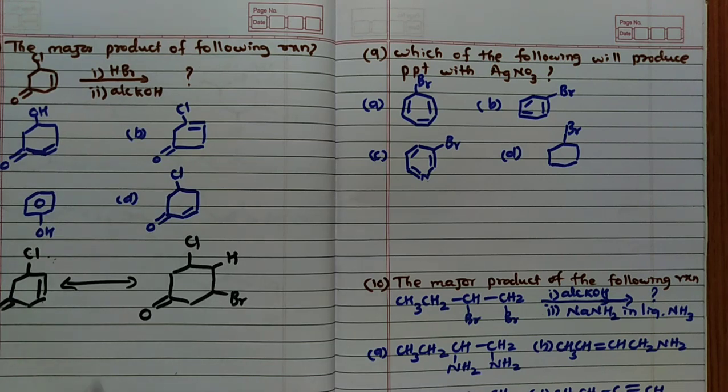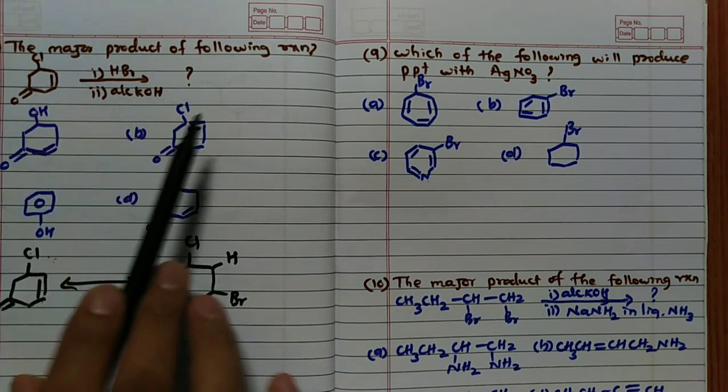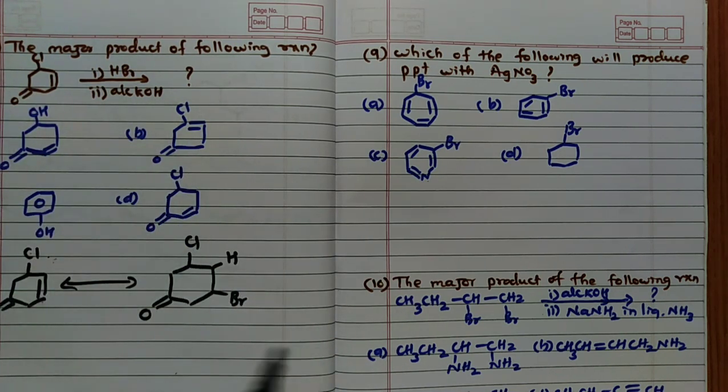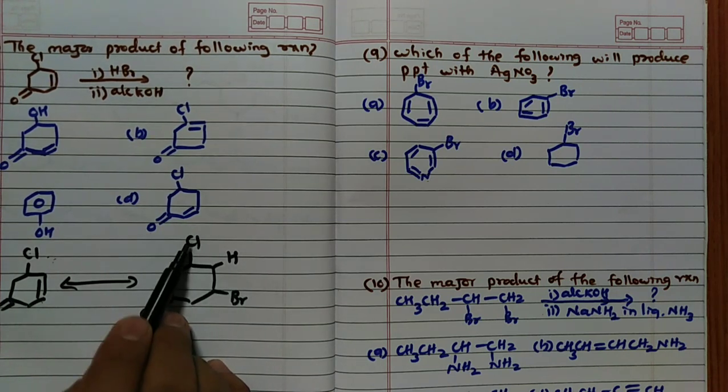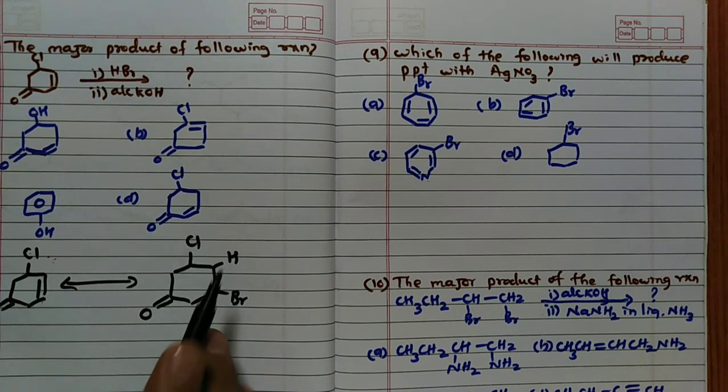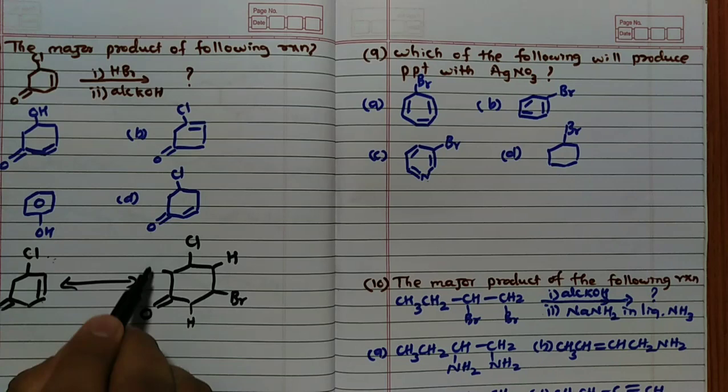In such a case, even if they have not given excess, you have to remove both halogens. Remember that very important point. Because here we are going to write the major product, this Br we remove, this Cl also we remove, this hydrogen also we will remove, and this hydrogen also we will remove.